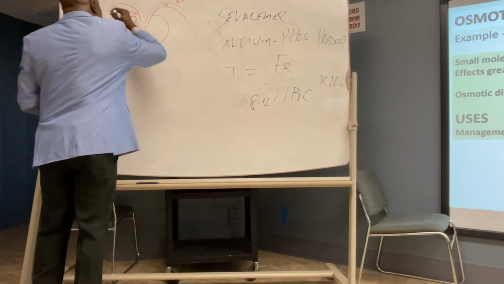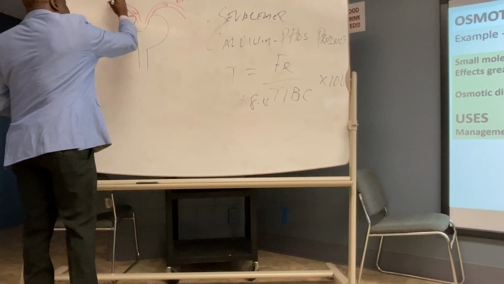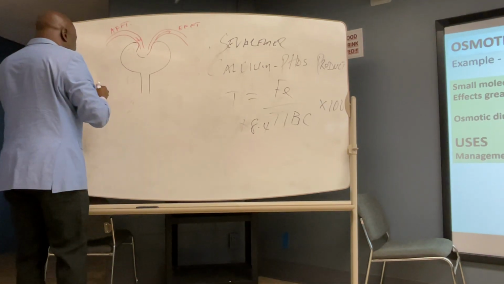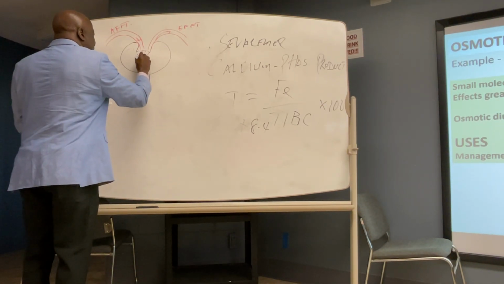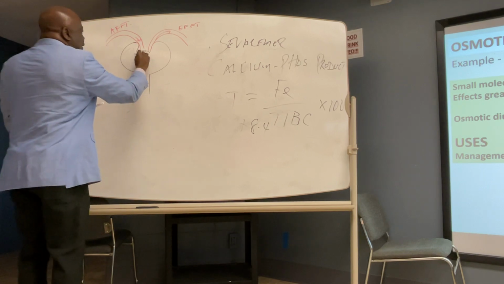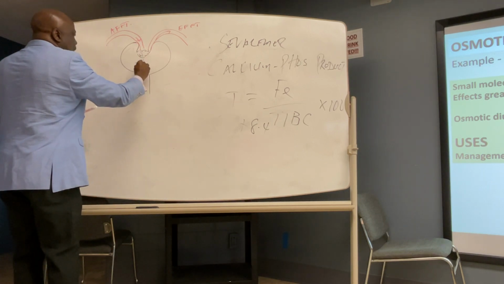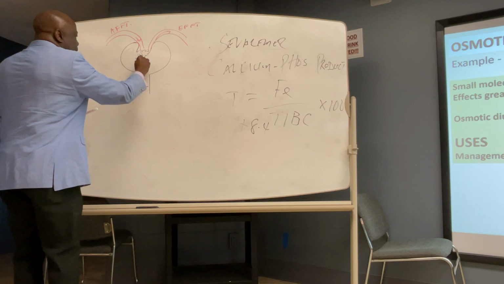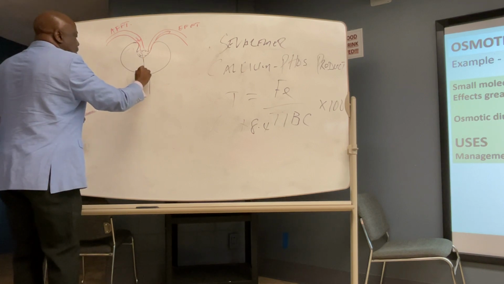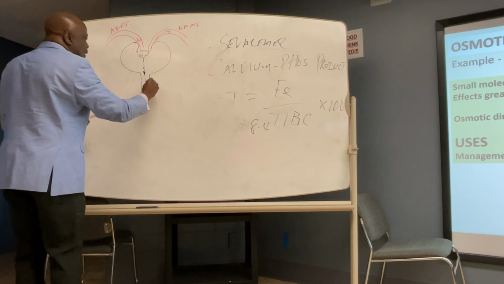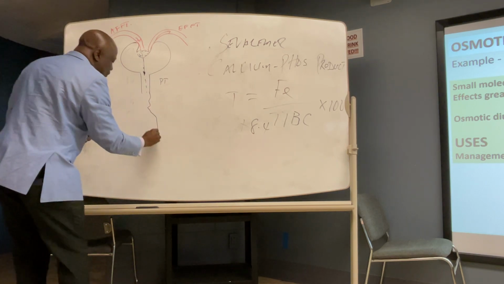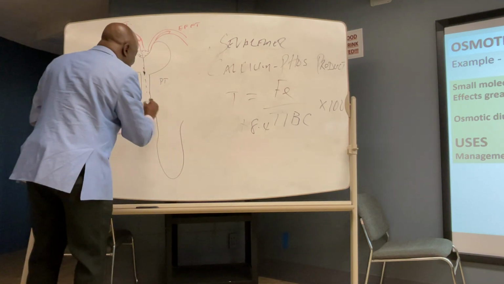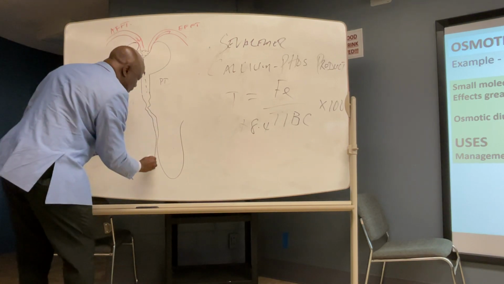This is efferent, this is afferent. Okay? And in here, you have the glomerular membrane. So that when blood reaches here, ions are filtered and they go first into the proximal tube. Then the proximal tube feeds into what we call the loop of Henle.